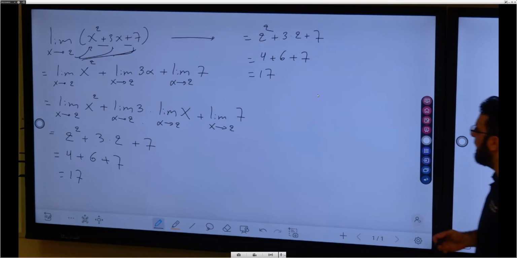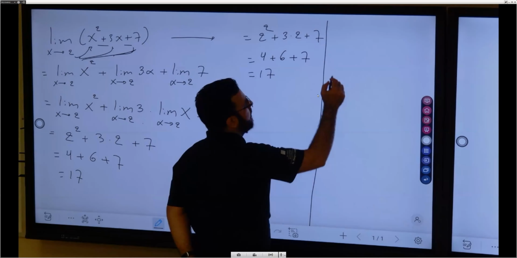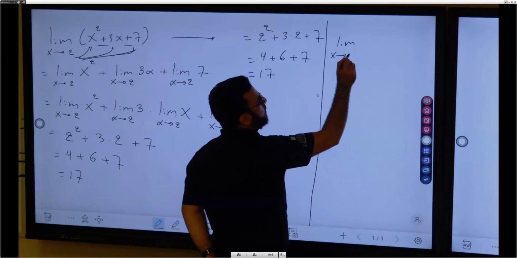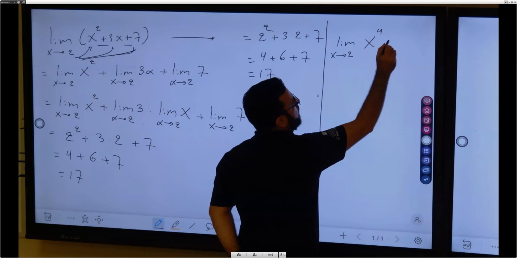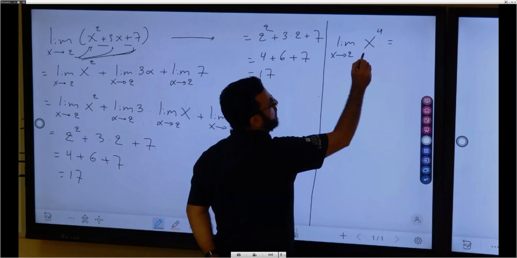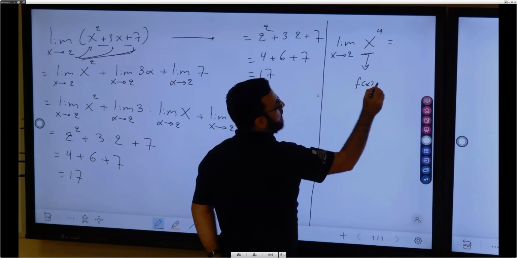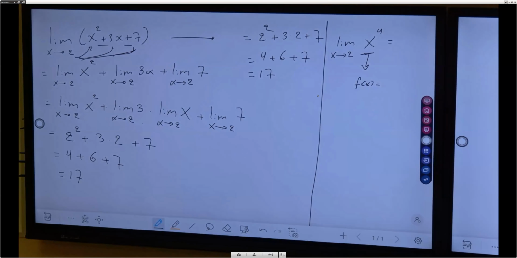Find the limit for polynomial. Just gonna plug in. Find the limit for x approaches to the 2, x to the power 4. I'm gonna ask you, this is f of x. Is that polynomial? X to the power 4, is that polynomial?